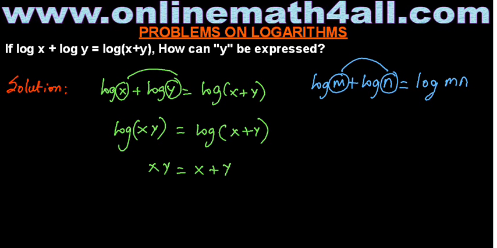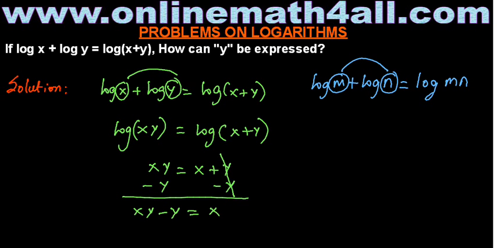Now my aim is to solve for y. Since my aim is to solve for y, I need to isolate y. To isolate y, I need y only on one side, but here we have y on the left and also on the right. Since I want to isolate y, I'm going to subtract y on both sides. When I do so, this positive y and negative y will get cancelled. So we have xy minus y is equal to x.